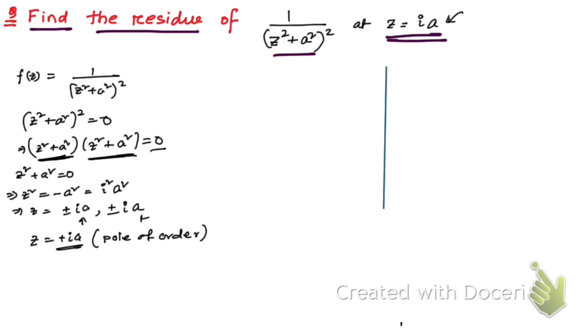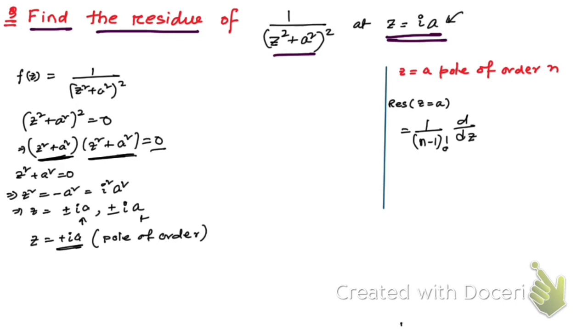If z is equal to a is a pole of order n, then the residue at z is equal to a will be given by 1 by n minus 1 factorial times the n minus 1th order derivative.